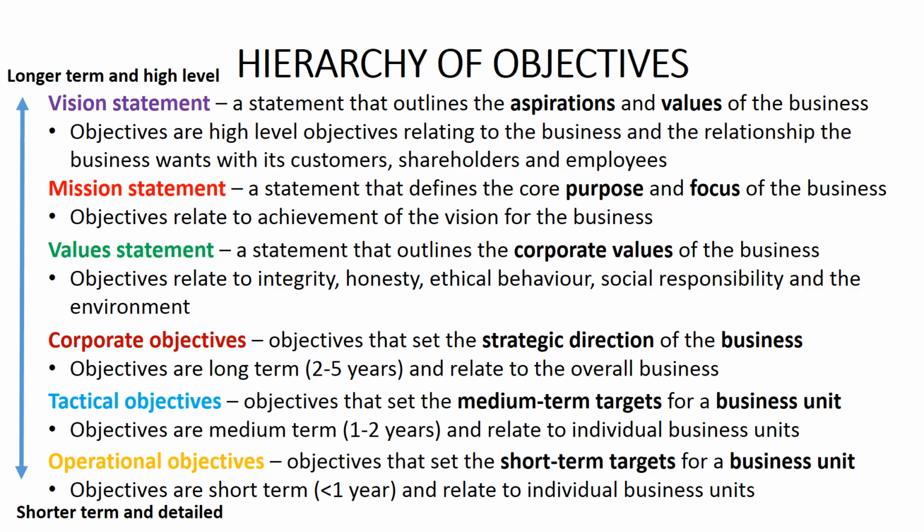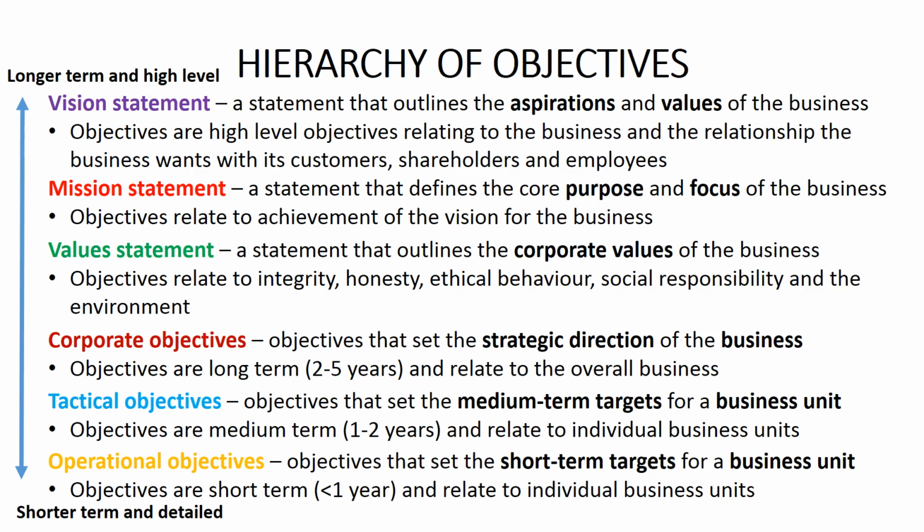And also importantly, like tactical objectives, operational objectives relate to individual business units rather than to the business as a whole. So from that dot point, you should be able to describe the nature of operational objectives and fill that in the third column of the table in your summary books.